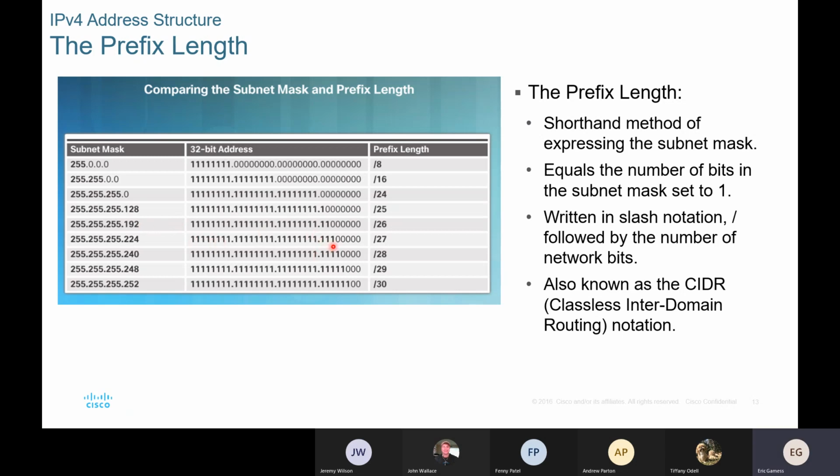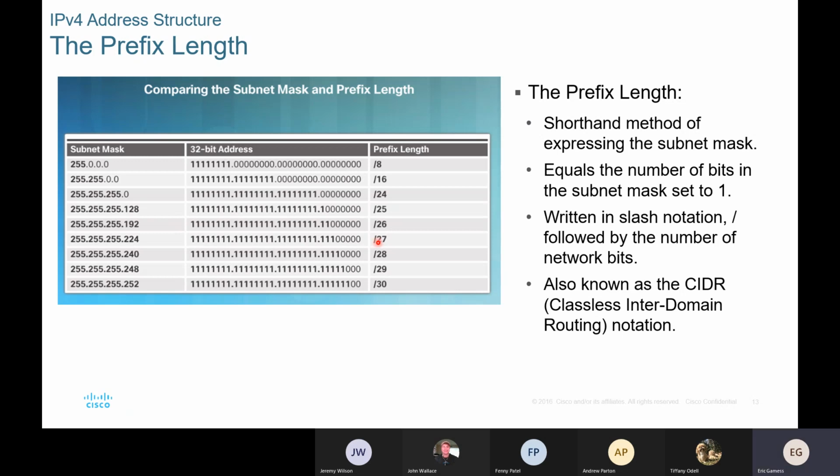Let's see this example. Here how many 1s do we have? 8 plus 8 plus 8, which is 24 for now, plus 3. 24 plus 3 is 27. So in CIDR notation, it will be /27.